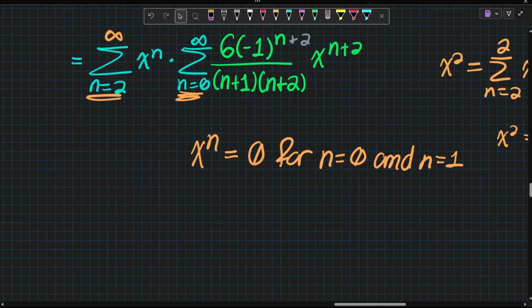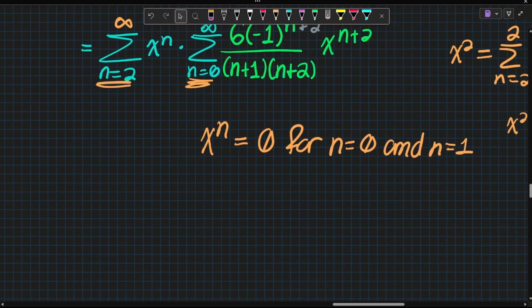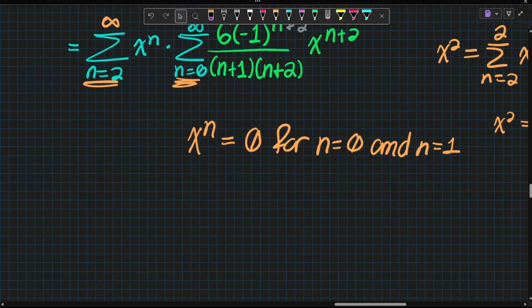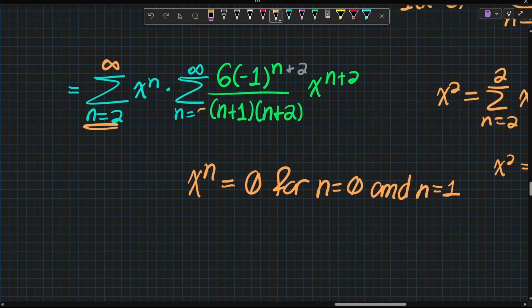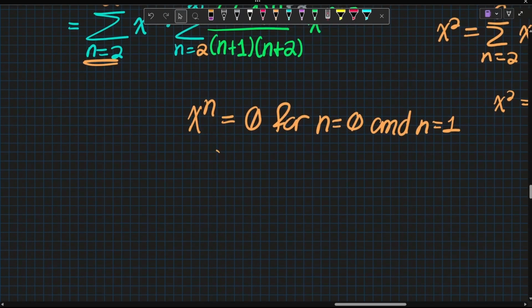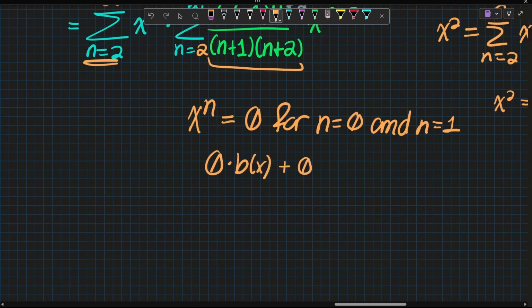Well, you first say that since x to the n, when n equals 0 or 1, results in 0, then basically the first two terms of this series also become 0, right? Because it's 0 times, we'll say this is, b of x, right? Plus 0 times b of x, right?